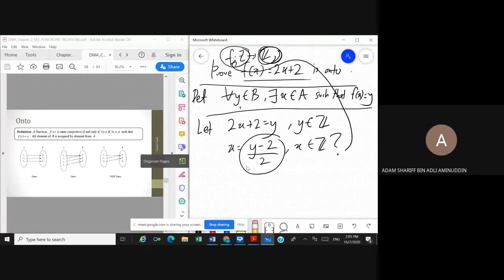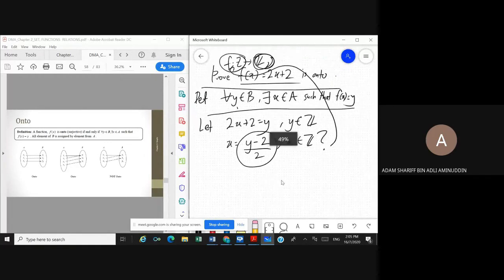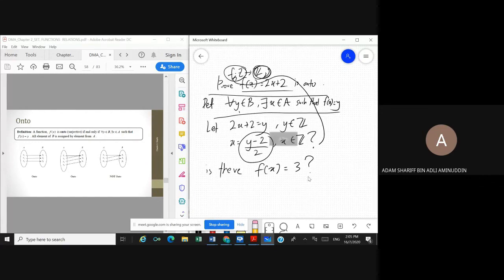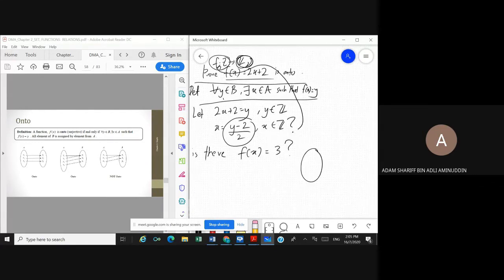For this question, it might not be onto. Let me check. I start with this question first. Is there f(x) = 3? For this case, 2x + 2. It means when I try to map this, this is f(x), 2x + 2.